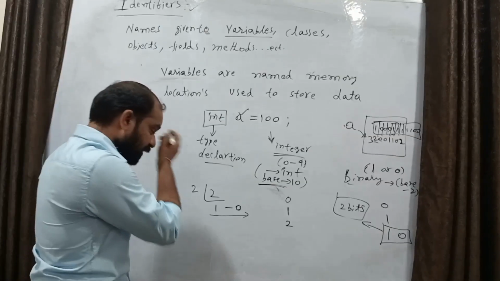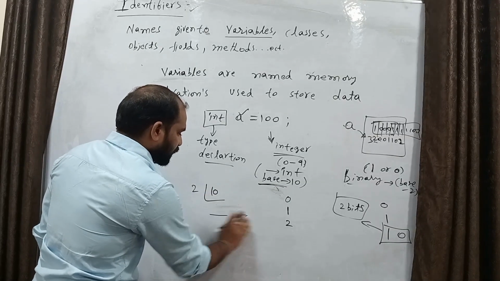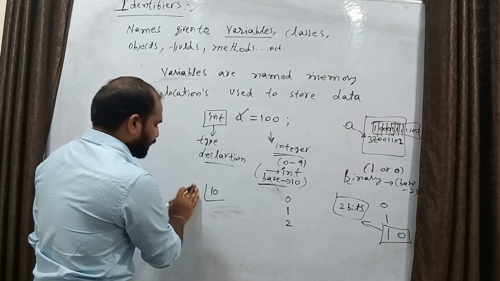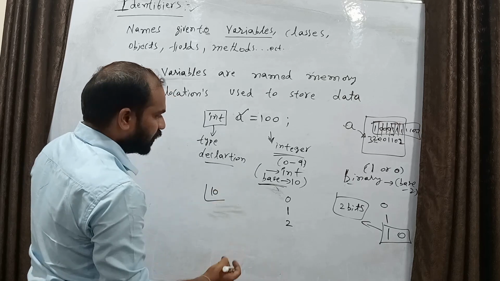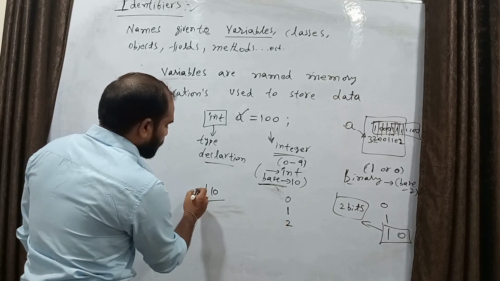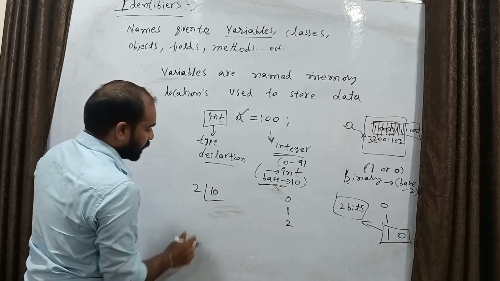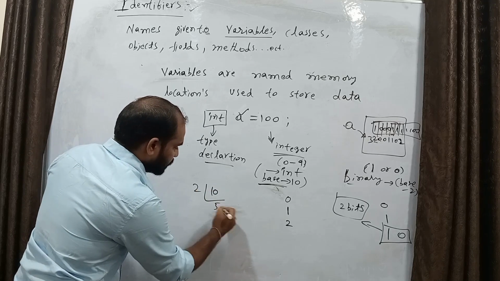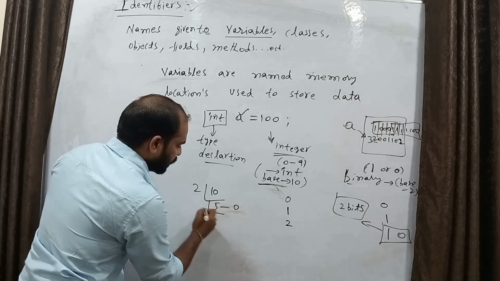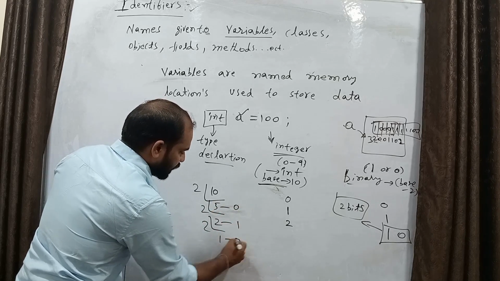Then, for example, I have 10. I want to store the data 10 in memory, so we need to convert it. We want to know how many bits are required to store this particular data in memory. So divide this integer number by the base of the binary number system. 2 5s are 10, and the remainder is 0. 2 2s are 4, and the remainder is 1. 2 1s are 2, and the remainder is 0.